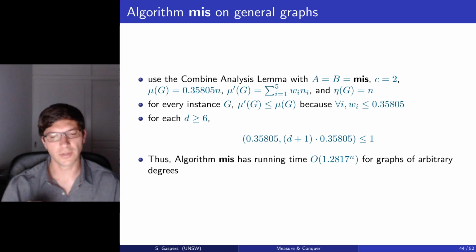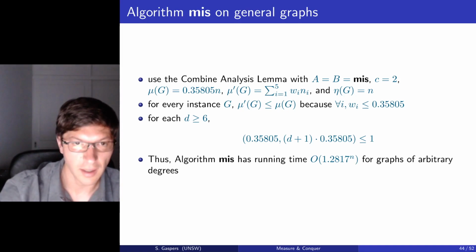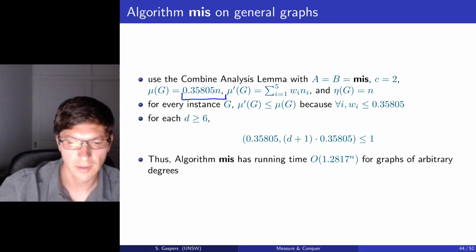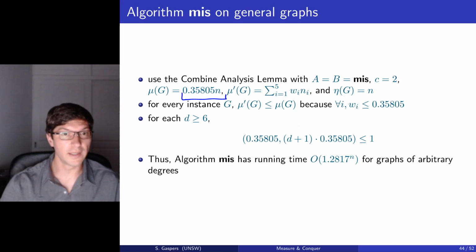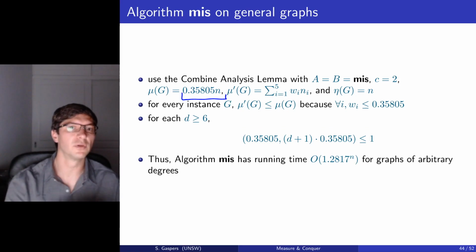So for the analysis for A, we say that mu of g is this. So basically, every vertex gets the same weight. And the weight that we assign now to every vertex is what our previous W max was.